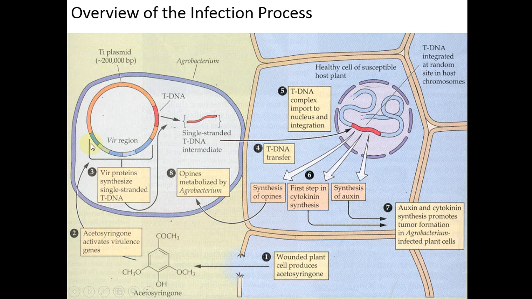This acetosyringone then activates vir genes. Vir stands for virulence. Genes responsible for virulence. So this vir protein synthesize single-stranded DNA. Okay, this DNA is a part of this Ti plasmid known as tDNA, which is transferred. Only the single-stranded DNA is transferred into the plant cell. Then from plant's cytoplasm, it enters into the plant nucleus.